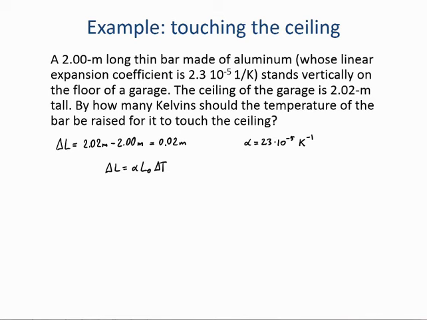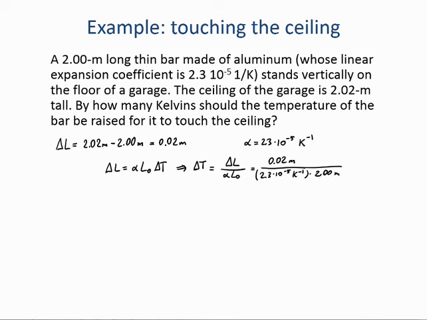So we could solve for delta T here and write delta L over alpha L0, that is 0.02 meters divided by 2.3 times 10 to the negative 5 inverse Kelvin times 2 meters.